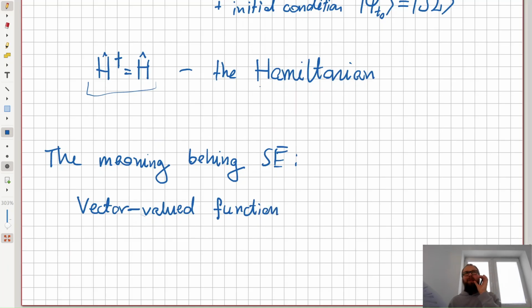I said it will be kind of formalistic, but it is for your own good. A vector valued function of time. So let me be formalistic then. Oh, wrong button. Wrong button again.